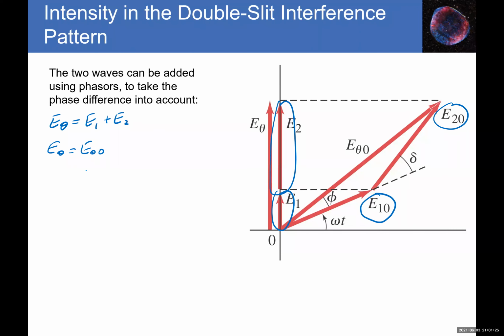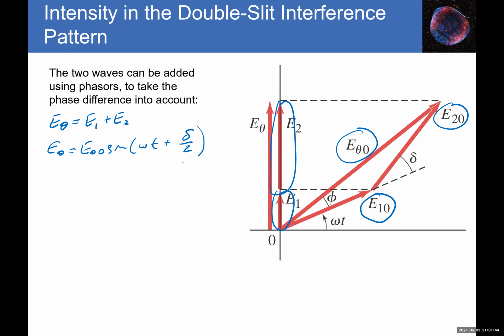So E theta is equal to E theta 0, which is this guy over here, the amplitude of the hypotenuse, the sum of the amplitudes of E1 and E2, then sine of omega t plus delta over 2.